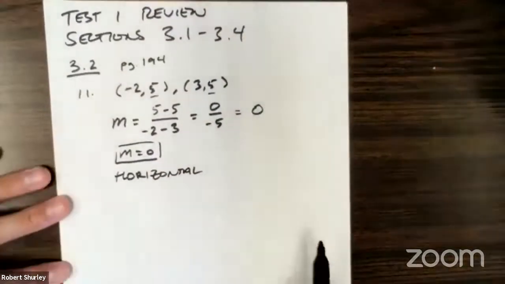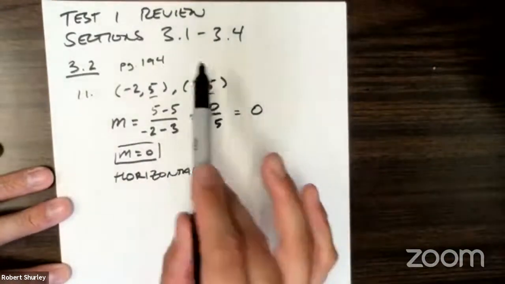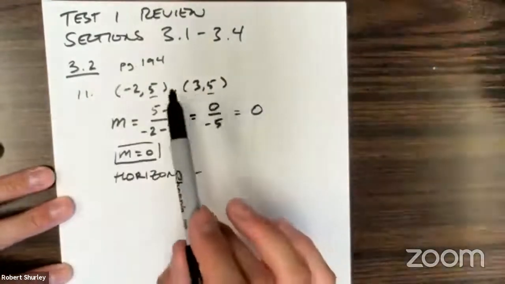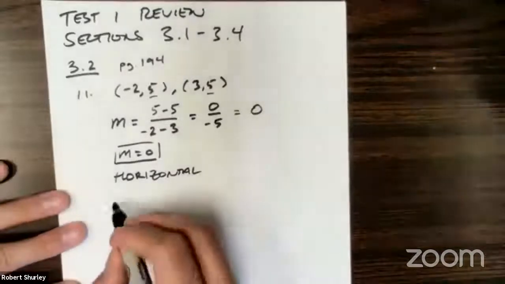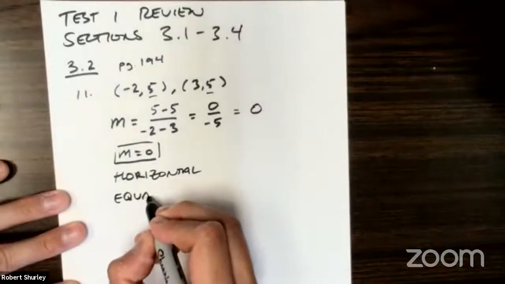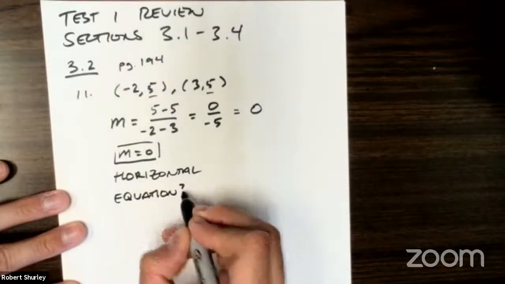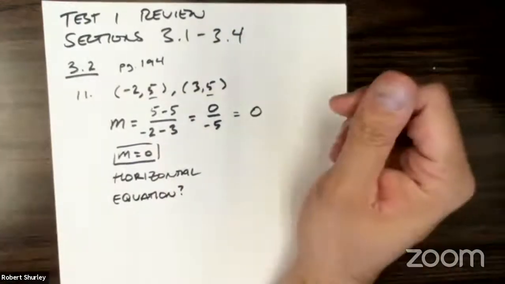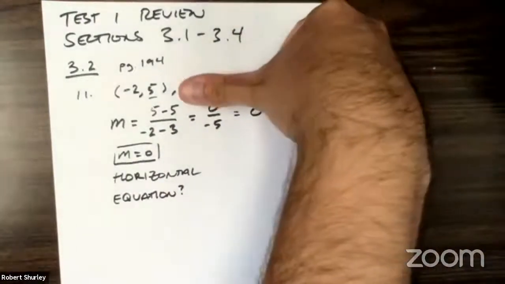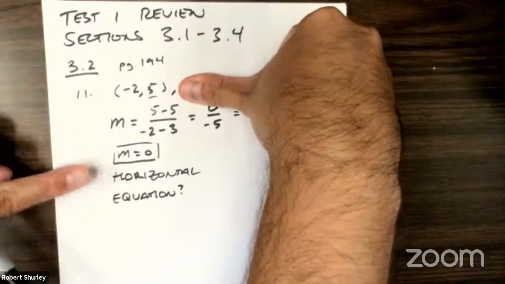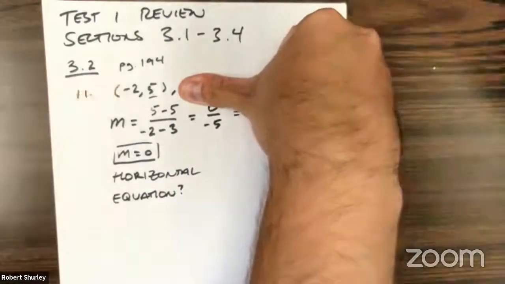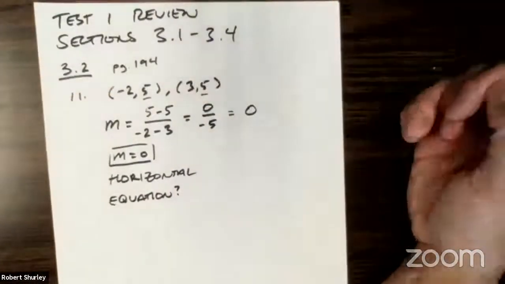Right? I could even find the equation of this line. So now we're jumping over to 3.4 stuff. If I asked you the equation of this line, right? Typically in 3.4, it said something like, what's the equation of a line that's horizontal and it goes through -2, 5? It only gave you one coordinate, right?